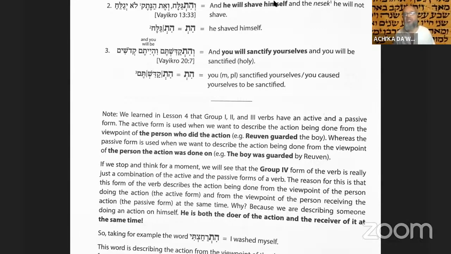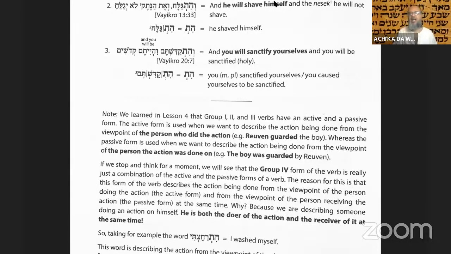Reuven is the one who did the action. Whereas the passive form is used when we want to describe the action being done from the viewpoint of the person that the action was done on: the boy was guarded. So the active is the person doing the action. When you talk about passive, the action is being done onto someone or something. In this case, the boy was guarded.